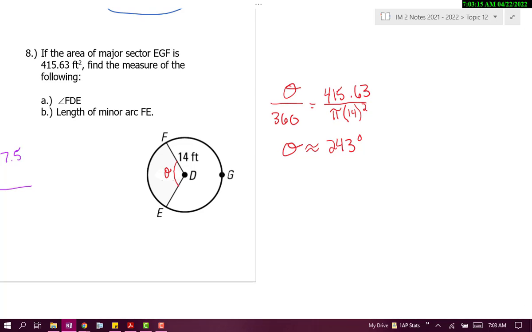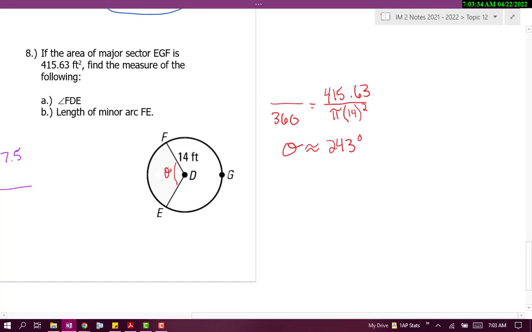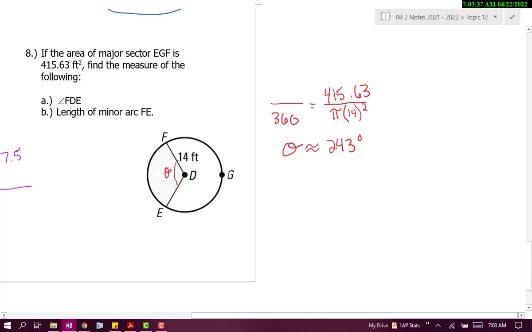Well, actually what we found there wasn't the theta that we wanted. What we found was the other side. And we can tell because the angle's over 180 degrees. It's more than half a circle. So when that angle is 243 degrees, it's not really theta, we'll call that x.